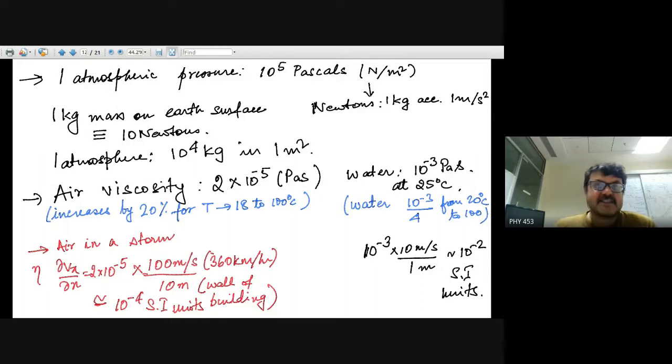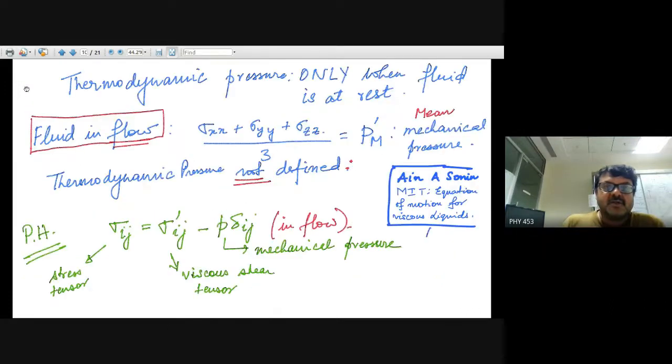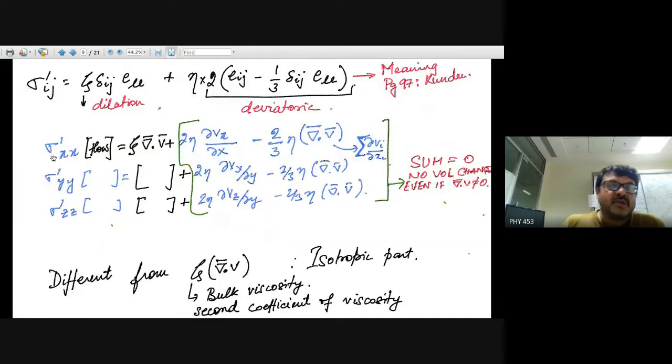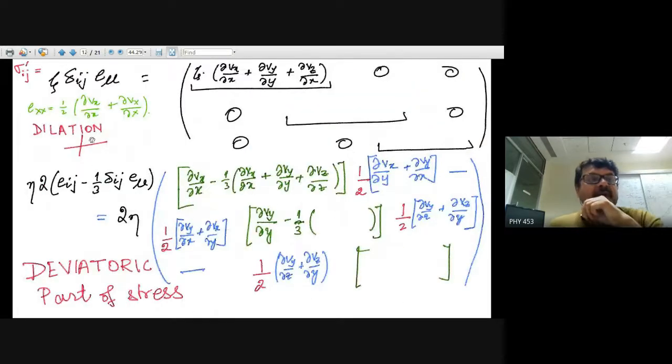So that's the message I wanted you to have in mind here, just for your ease, so that you can comprehend the whole thing. Here I wrote down only the diagonal terms. I'm trying to write down the entire stress tensor. This would basically be eta divergence of v, and you would have an identical term for sigma yy and sigma zz.